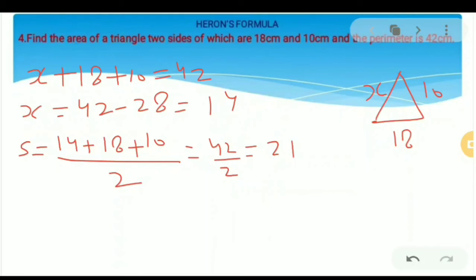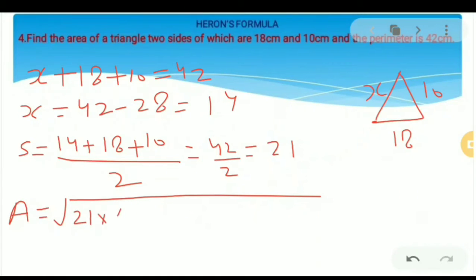Now let me apply Heron's formula for finding the area. We know it is under root s, s minus a, s minus b, s minus c. So our s is 21. S minus a means 21 minus 14. S minus b means 21 minus 18. And s minus c, let me take 21 minus 10.